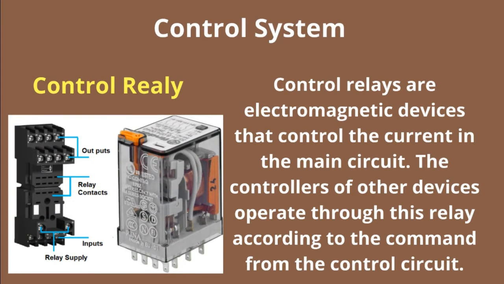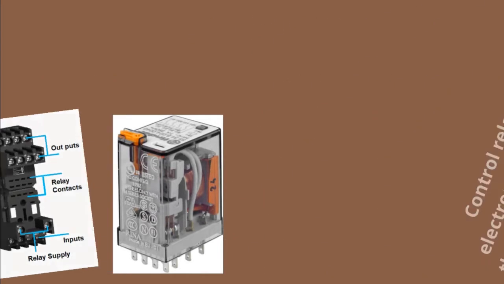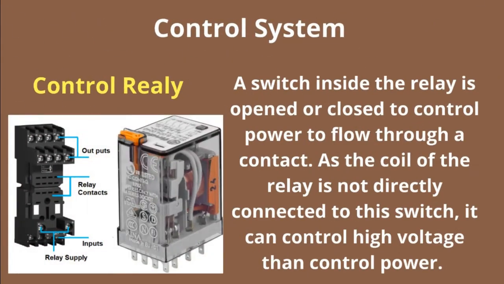Control relay. Control relays are electromagnetic devices that control the current in the main circuit. The controllers of other devices operate through this relay according to the command from the control circuit. A switch inside the relay is opened or closed to control power to flow through a contact. As the coil of the relay is not directly connected to the switch, it can control high voltage and control power.